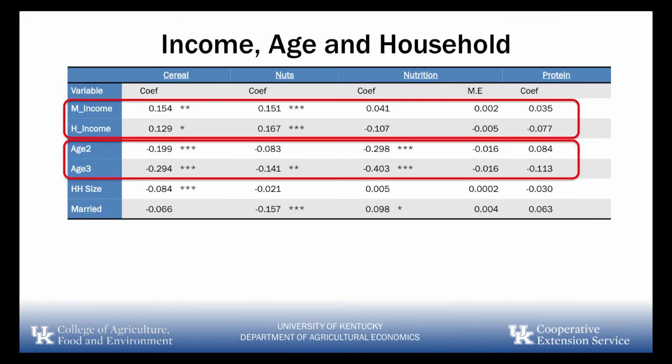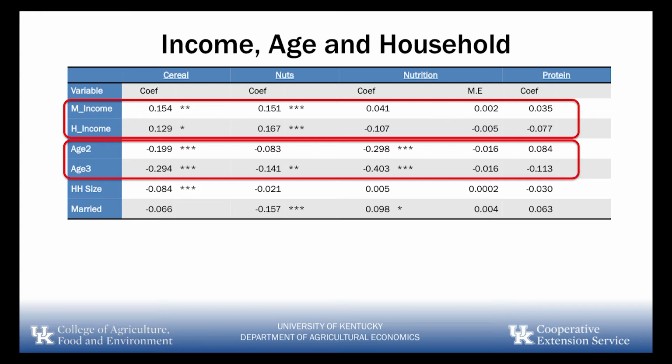So getting you more into the results. I've tried to break this down into a couple of key things. As I would have expected for the cereal and nut side of things, and I would have really expected this for the nutrition and protein side of things, but I think nutrition and protein aren't showing up significant because there's not as many observations in the data set as there are for the cereal and the nuts.